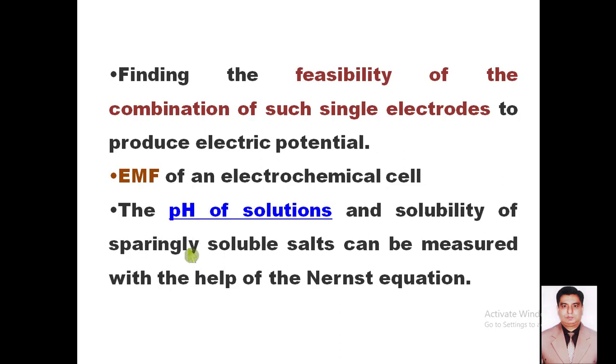But there are many salts which are sparingly soluble, and by using the Nernst equation we can find out the solubility of a sparingly soluble salt, because the Nernst equation describes the relationship between electrode potential or EMF of the cell and concentration of the reactants and products. If we have the concentration of reactant and product in the form of a sparingly soluble salt, then by calculating their concentration we can find out their solubility.